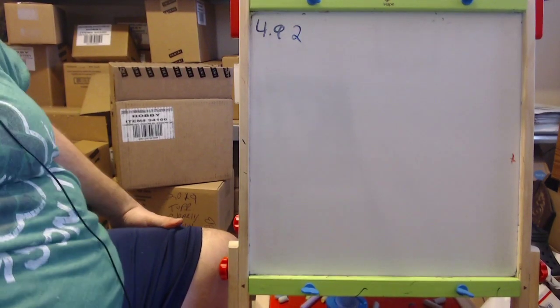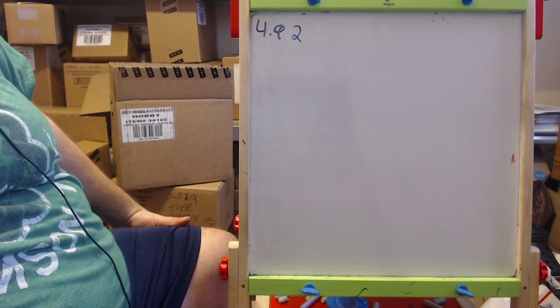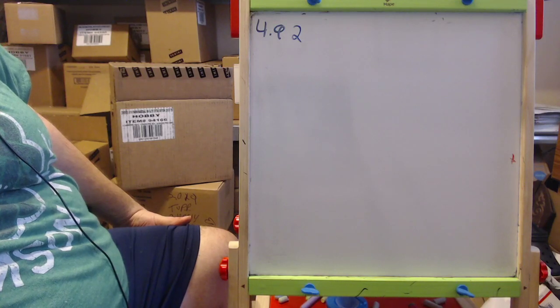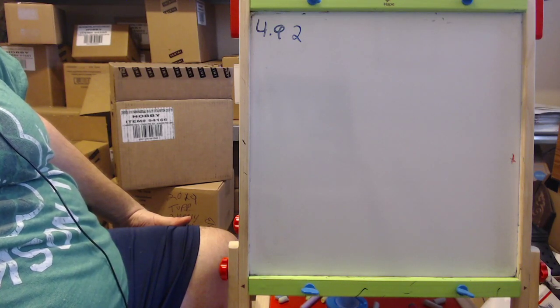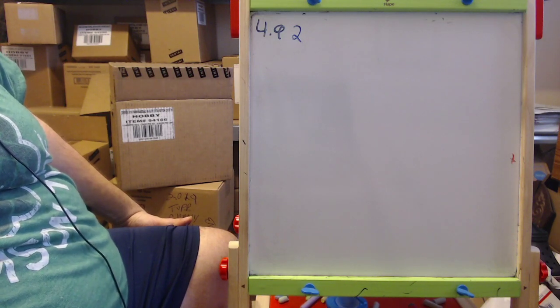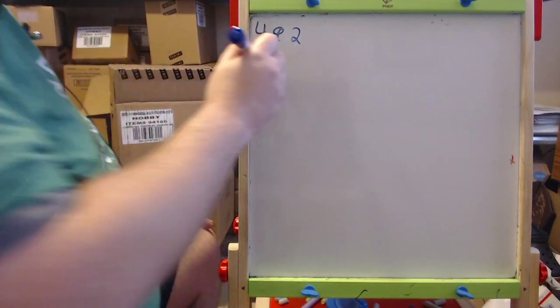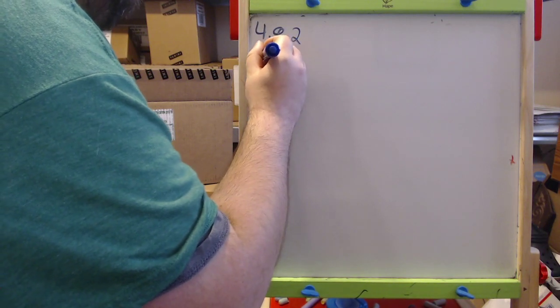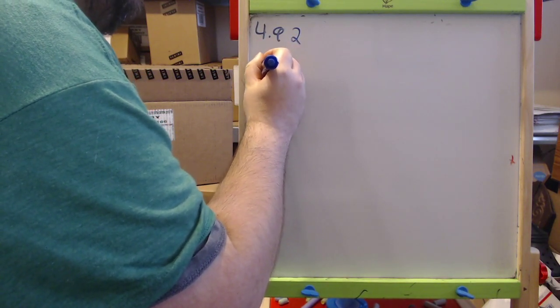All right, 4.92. All right, let's do letter B. Since I already did a letter A, let's do letter B. Doesn't matter. They're done the same way.